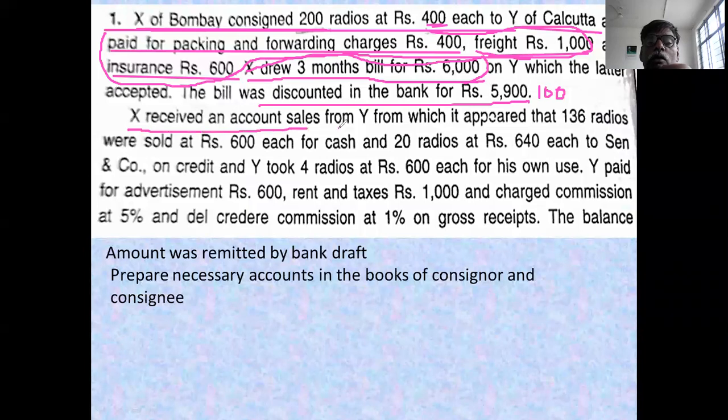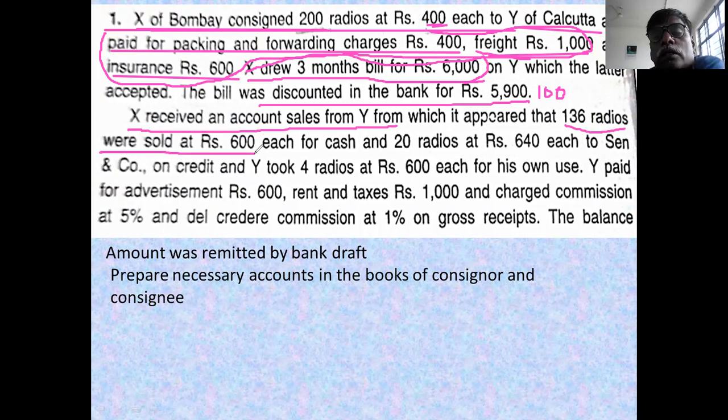X received the account sale from Y, in which it appears 136 radios sold at rupees 600. He sold 136 radios at 600.